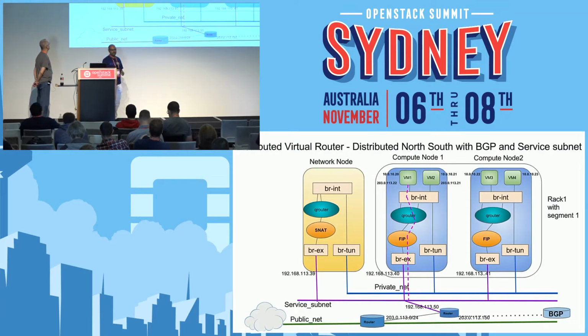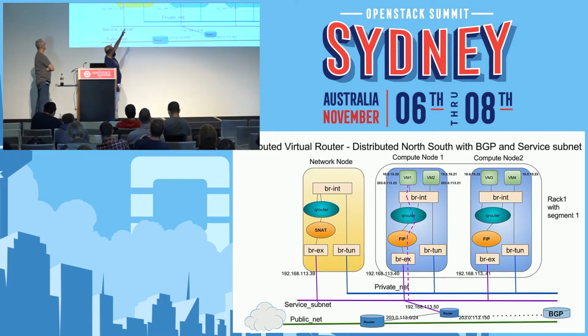Now let's go into the details of what I just discussed. In this picture, you're seeing the green segments of the VMs that are connected together. The 10.10 address is the private IP that Neutron provides for your VMs.